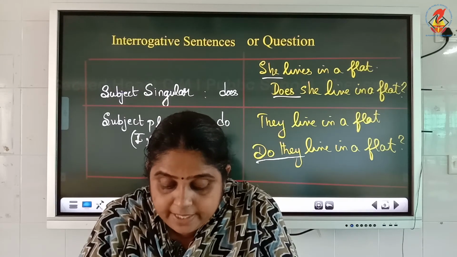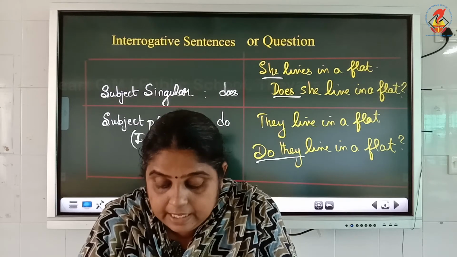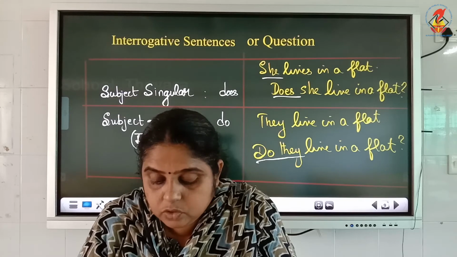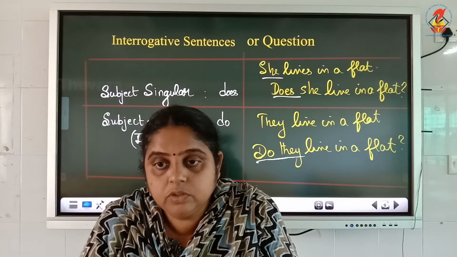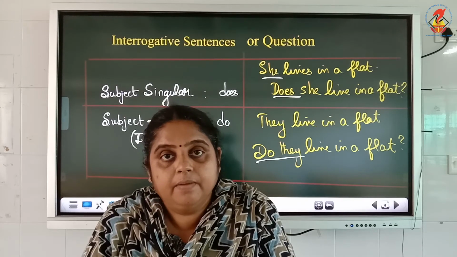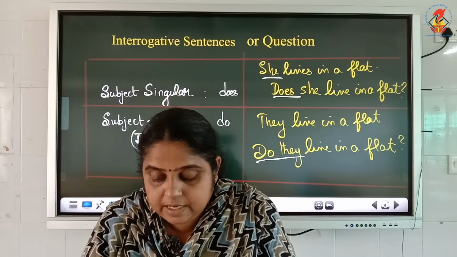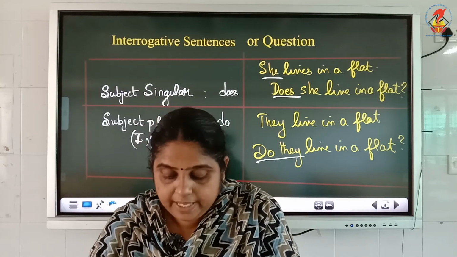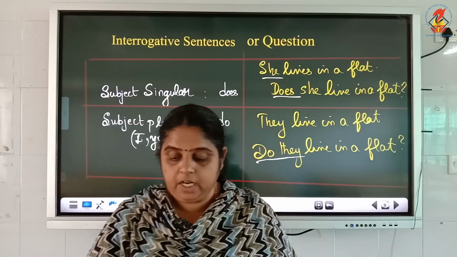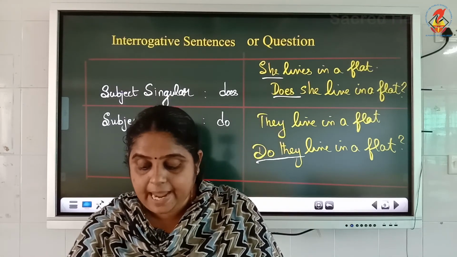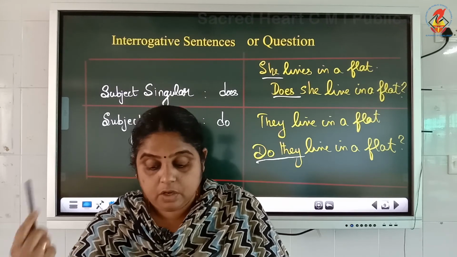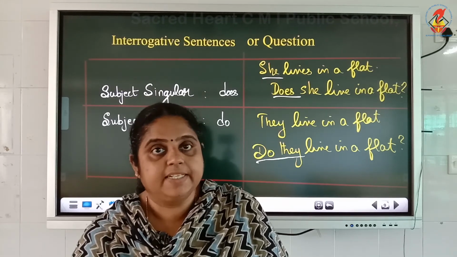Then one more exercise is there, exercise I. Complete the conversation using the words given in the brackets. So, one example we will do, the rest you do yourself. What does Ravi play? Ravi plays cricket. So, what does Ravi play? That is the question.